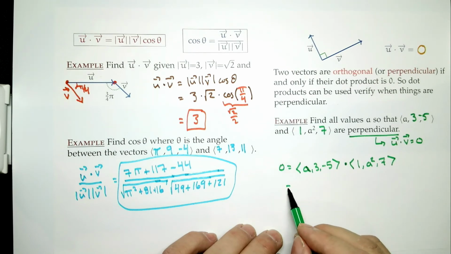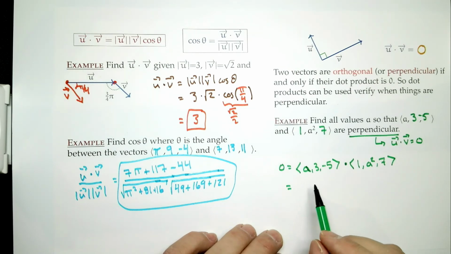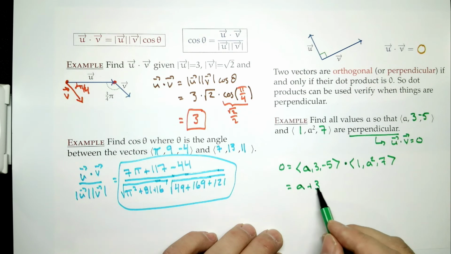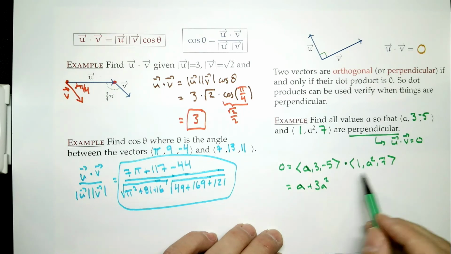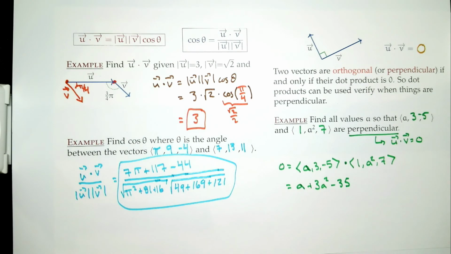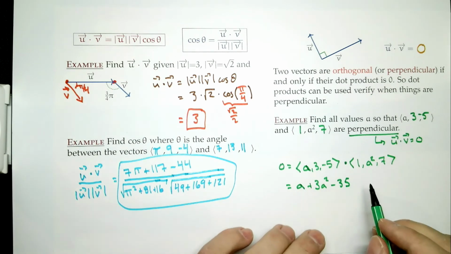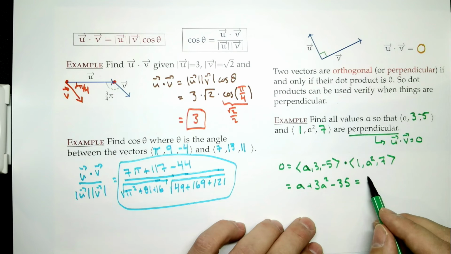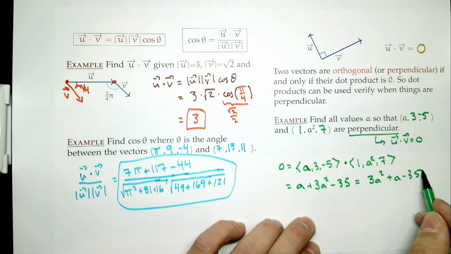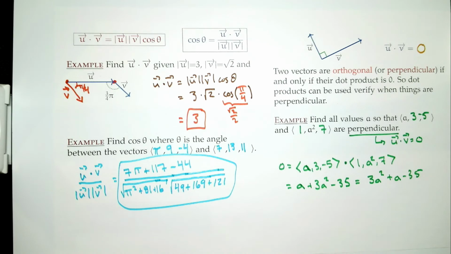So let's take their dot product. What do you get? 3a squared minus 35. Now, normally we write this in powers largest to smallest: 3a squared plus a minus 35. How do I find when this equals 0?